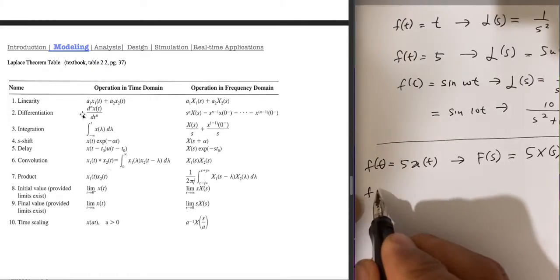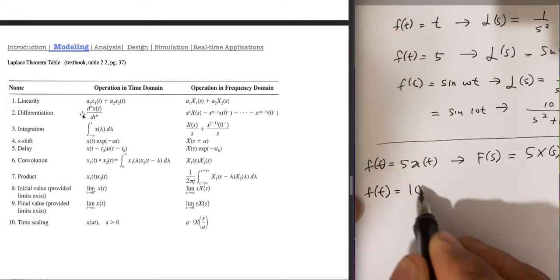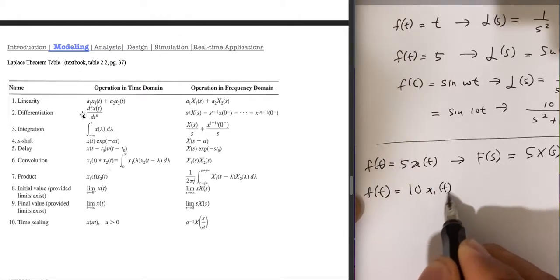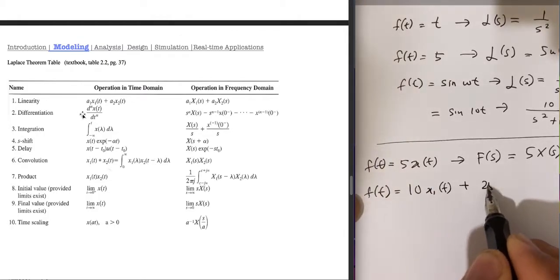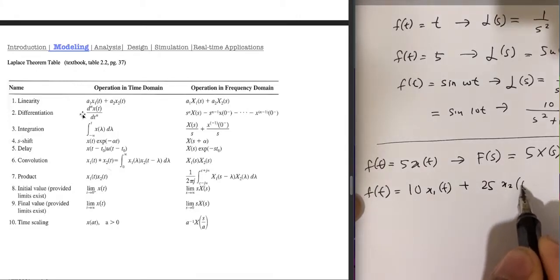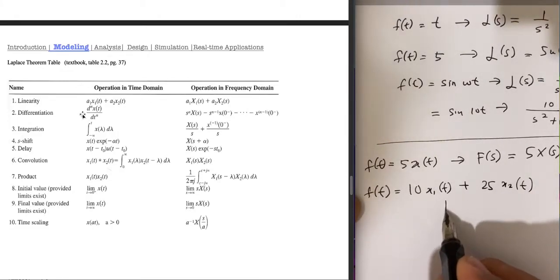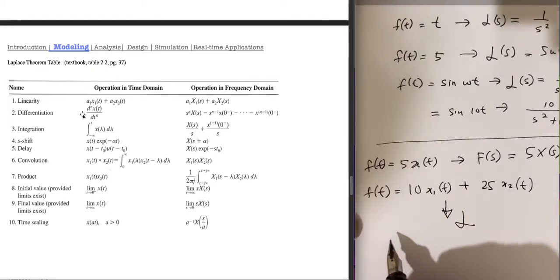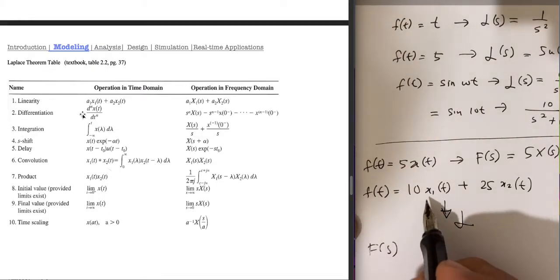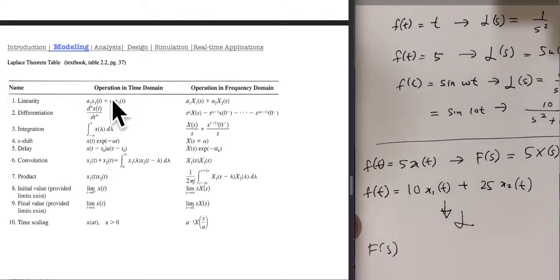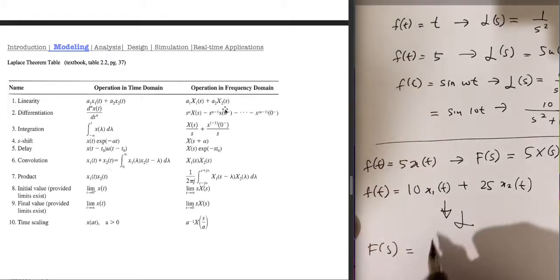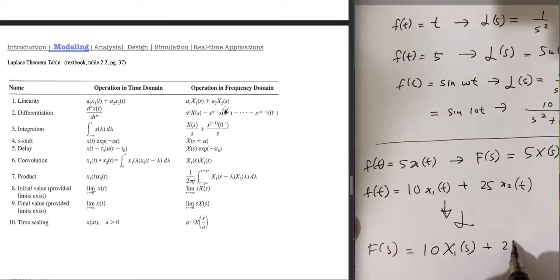If we have f of t equal to 10 x1(t) plus 25 x2(t), then we can simply use these linearity theorems to transform to the frequency domain, which in this case is 10 X1(s) plus 25 X2(s).